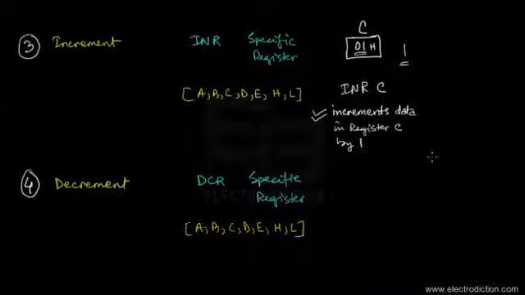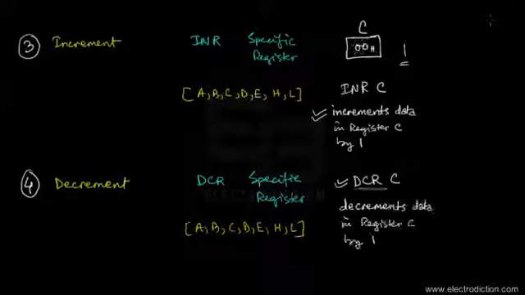Now if we execute the DCR statement instead, and currently we know that the register C is storing a data byte of 01H, now if we write DCR C here, and the 8085 goes on to execute this statement, then once again C's current content, that is 01H, would be decremented by 1.